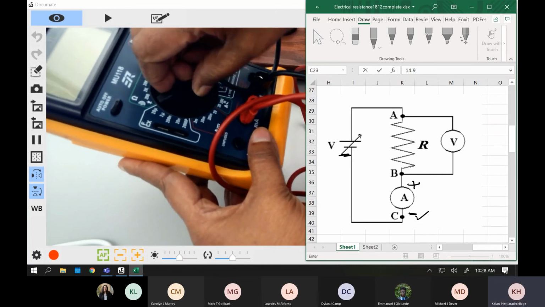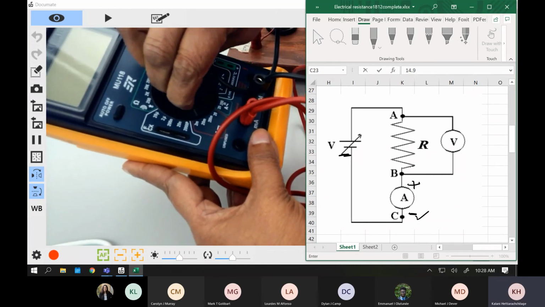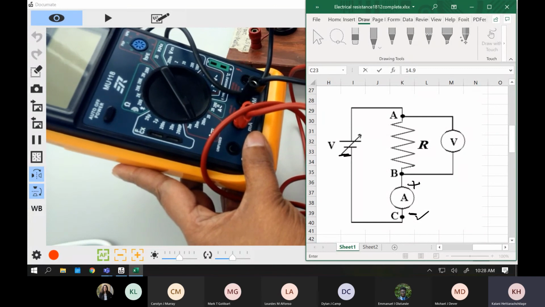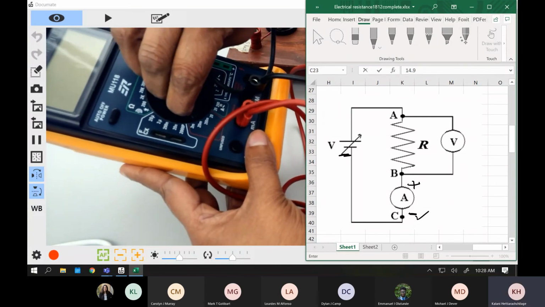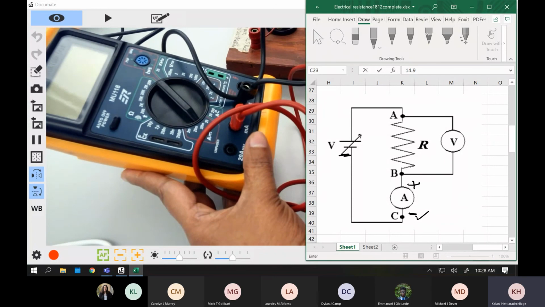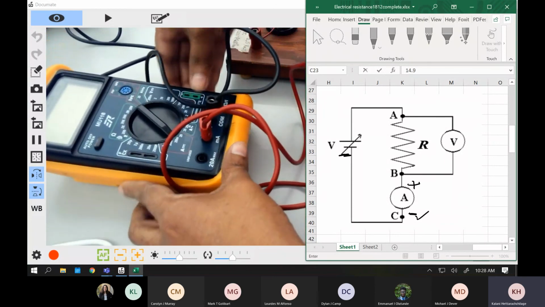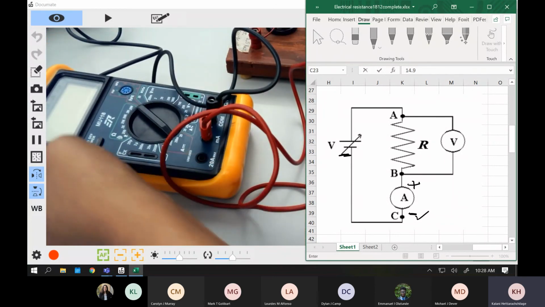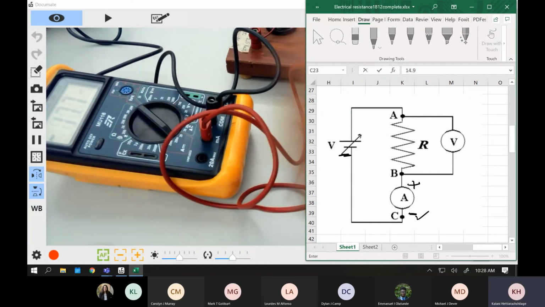So we're going to rotate your dial to the milliamps. I'm going to keep it at the 200 milliamps range. If you need, we can change it later. And you can switch on your ammeter too. Switch on button. So usually you will see 0 because we have voltage 0, I mean current is 0 because we didn't produce any current here.